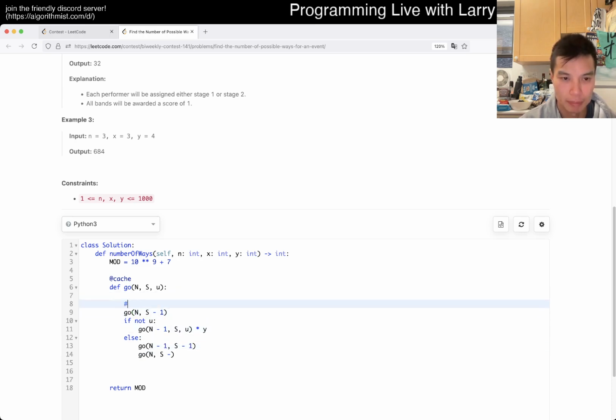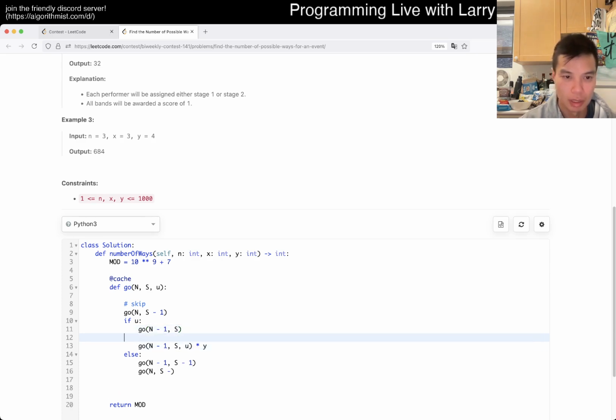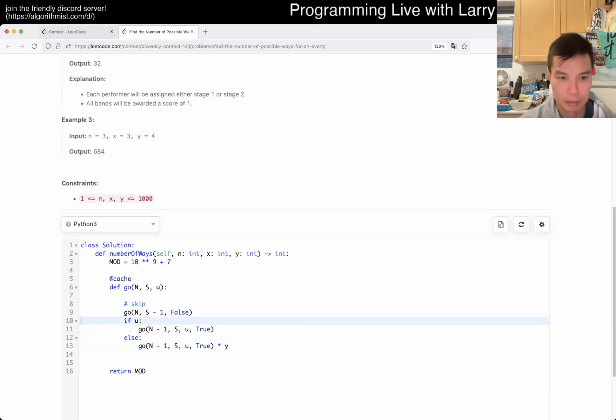Okay, so this is skip. We've already used, then we just go n-1, s. Else, if it's already used, then we just keep used. Otherwise, this is also true, right? But when we skip, then we go back to false. True, right? And I think that's really it.